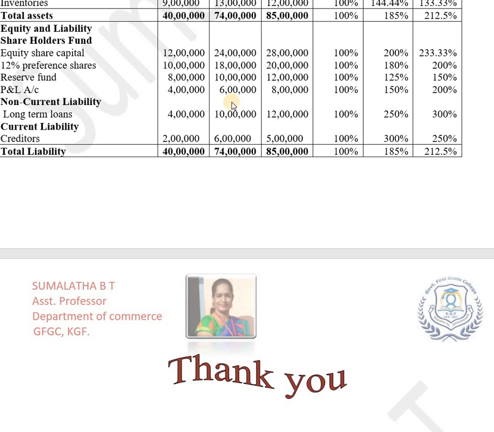But first, after finishing with this, we will be starting with the fund flow analysis, that is with your third chapter. Totally we have 5 chapters. First chapter is introduction to management accounting, then ratio analysis, fund flow analysis, cash flow analysis, management reporting.